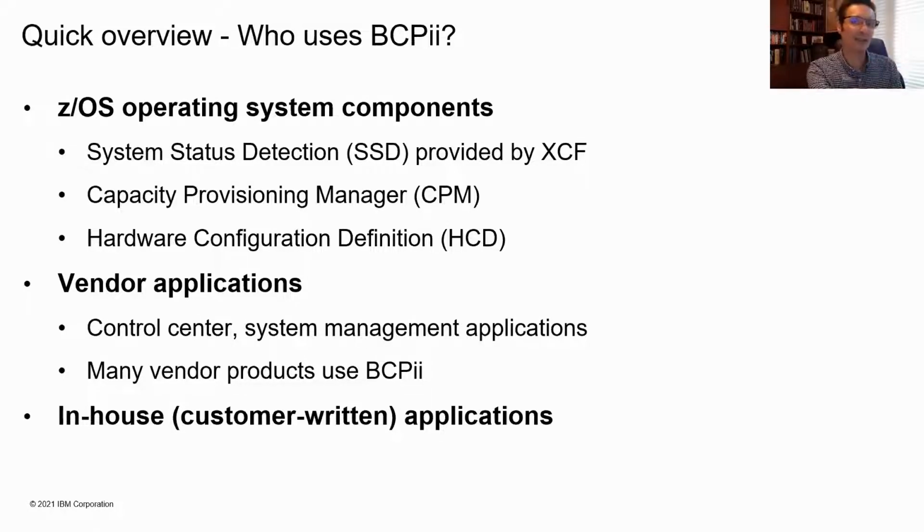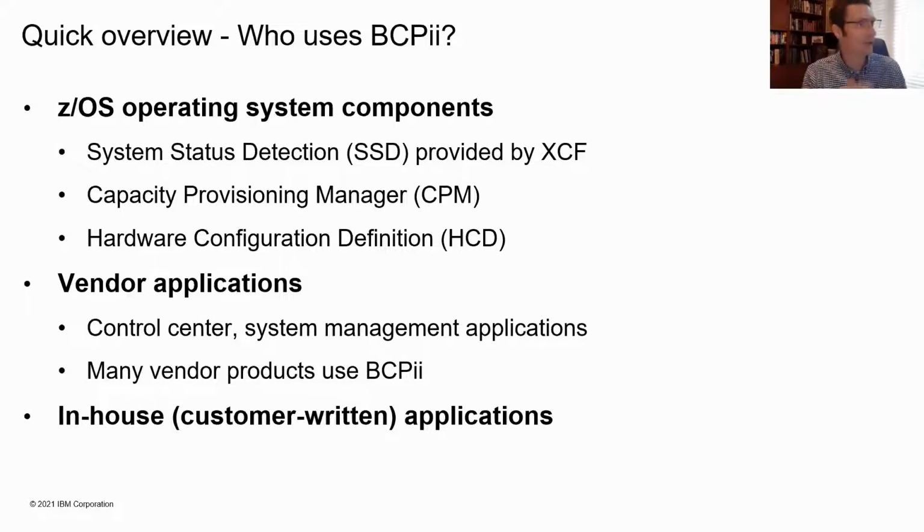I'm going to reach out to BCPii. Is that system dead over there? If it is, it can partition it out of the sysplex immediately, freeing up potentially sysplex-wide resources that particular system may be consuming, and allowing the other systems in the sysplex to partition that guy out of the sysplex, which will hopefully avoid sympathy sickness from those other systems.